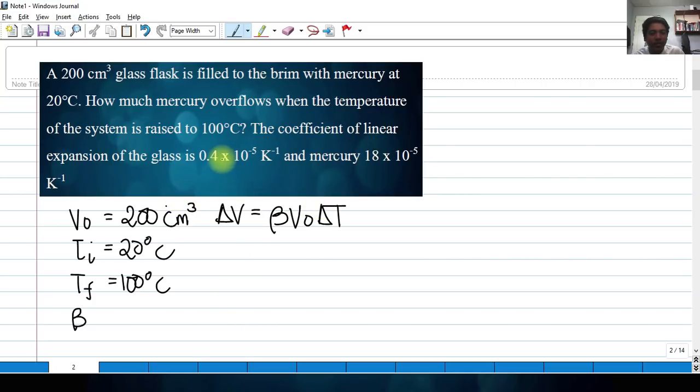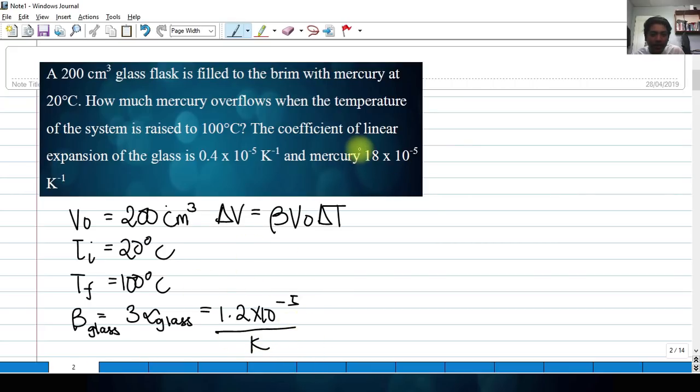But we can find the beta, or the coefficient of volume expansion of the glass, by multiplying the coefficient of linear expansion of glass by 3. So we have 3 times 0.4, that is 1.2 times 10 raised to negative 5 per Kelvin. That is now the beta for the glass.